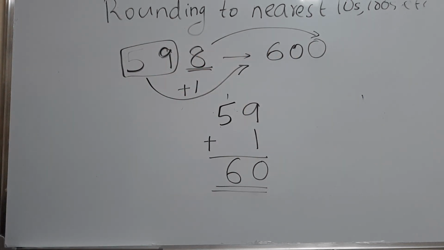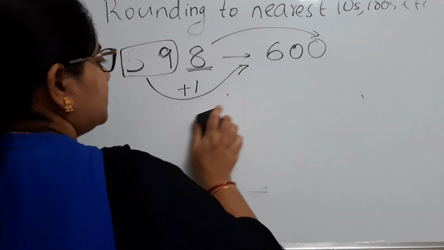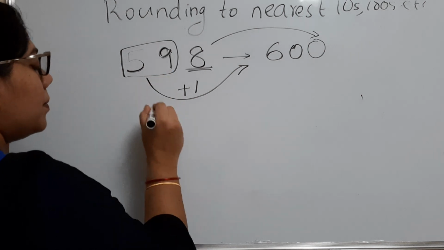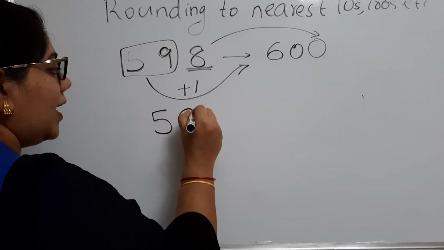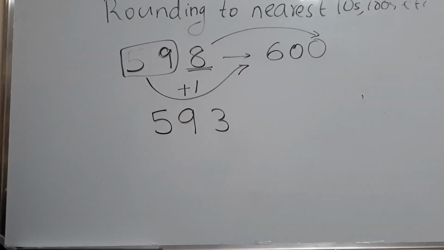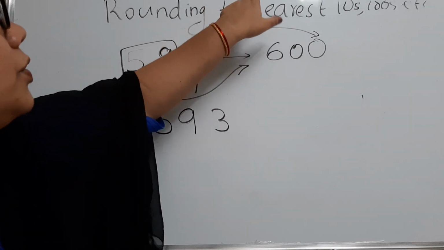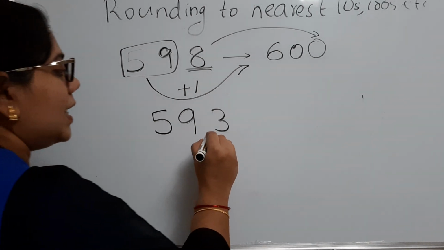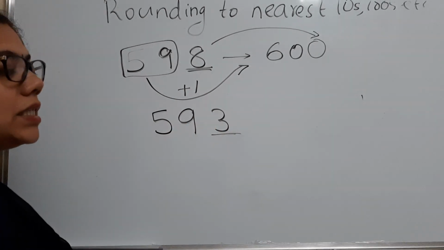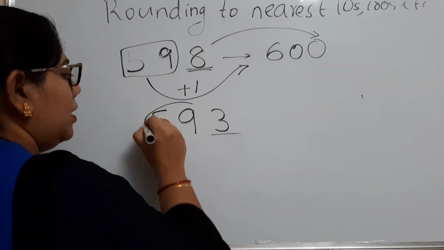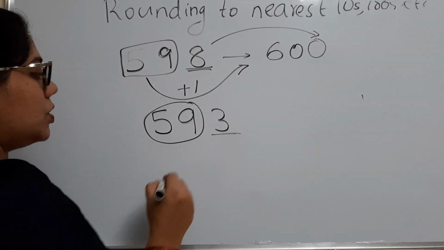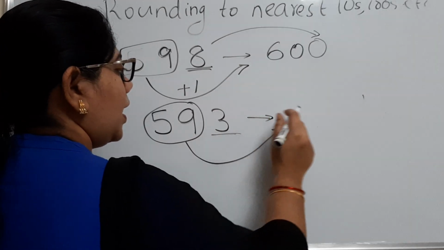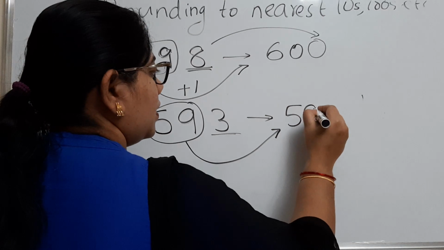Got it? Another example. Same number only, 593. So whatever I have told you here, 5, 6, 7, 8, 9, here it is not like that. The ones digit is less than 5. Then what is before this ones digit? 59. You want to write the same. That is 59.